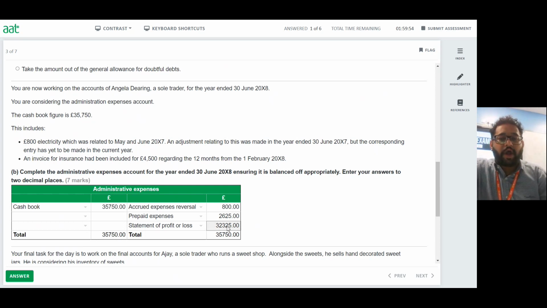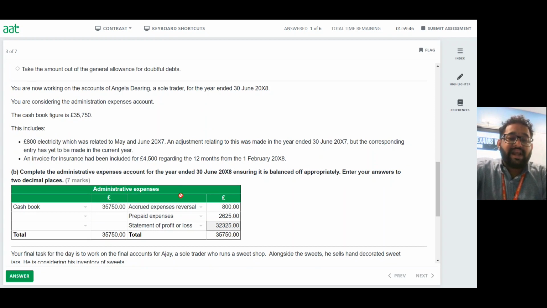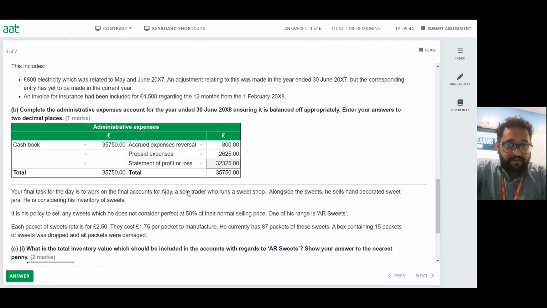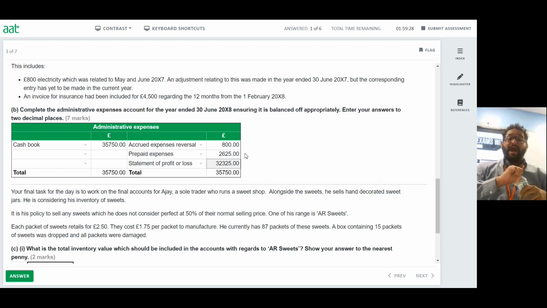And this is the amount I'm going to be recording as my yearly administrative expenses amount there. So if you see here, the reversal goes here and the prepaid expenses have also been taken away. This amount is what we paid more in this year, which should be accounted for next year.